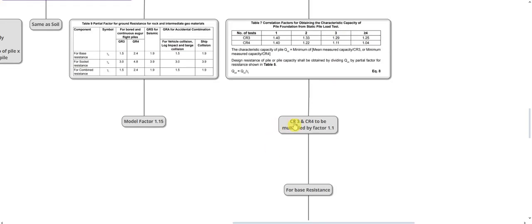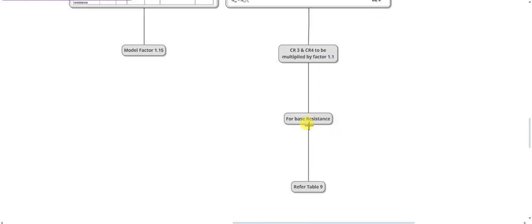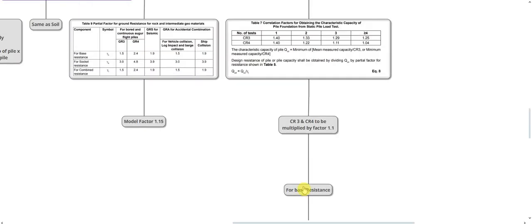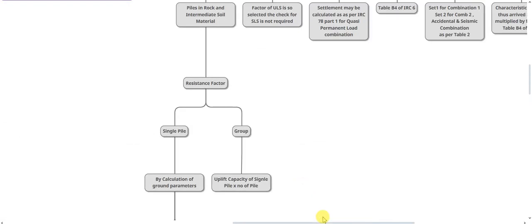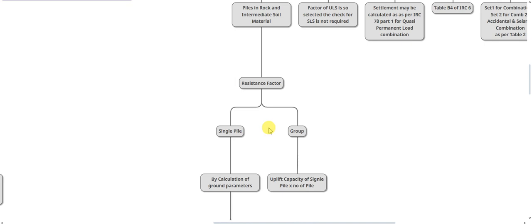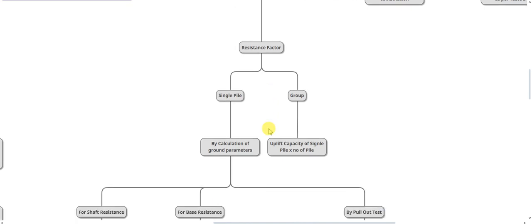However, it says CR3 and CR4 are to be multiplied by a factor of 1.1. For base resistance, we shall refer to table 9. Moving forward to the group capacity, it simply says the uplift capacity of a single pile multiplied by the number of piles will give the uplift capacity of the group of piles.